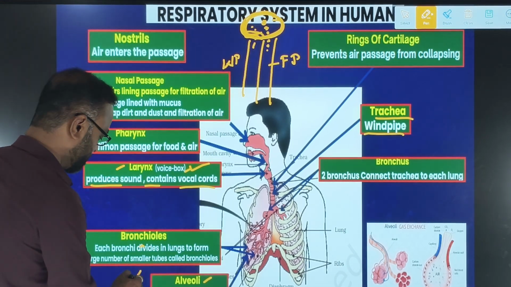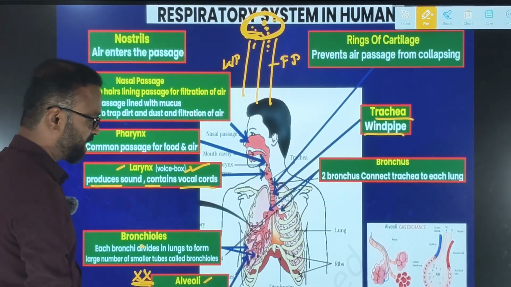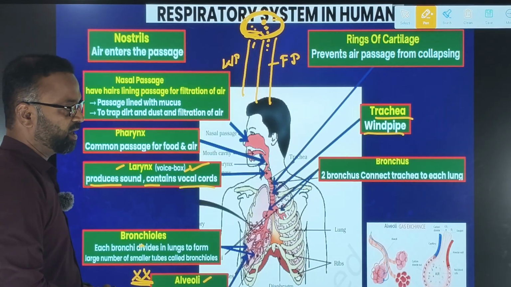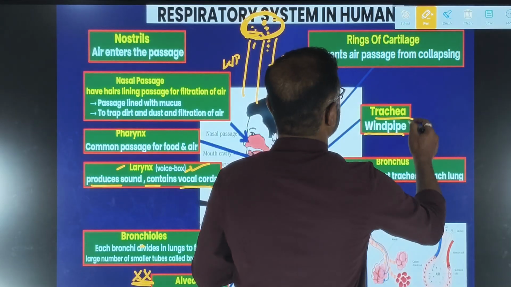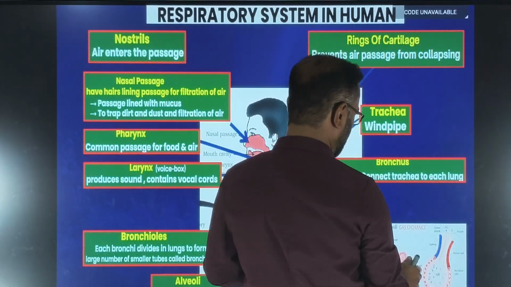Very important here is the alveoli. So many questions will arise from the alveoli. Now, you can see here in the diagram, let me zoom it.